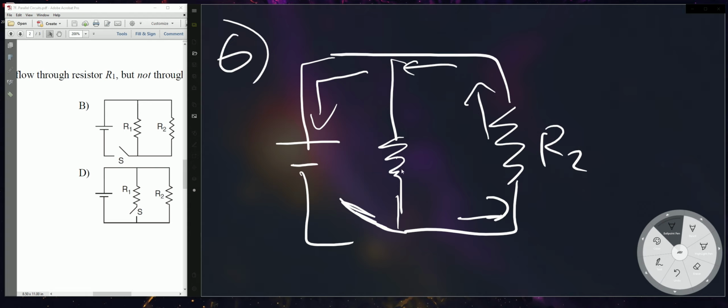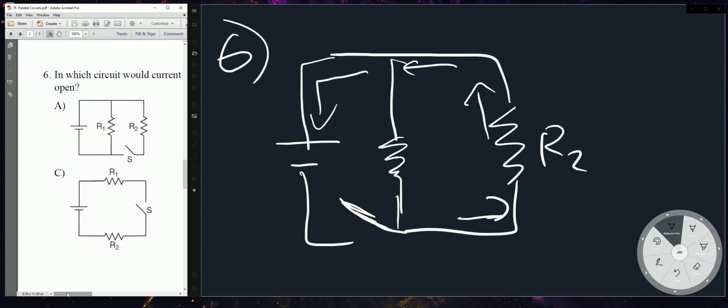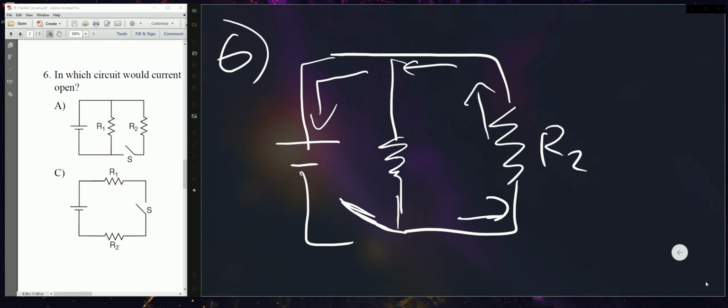It can't go through R1, it can't go through R2, so it can't go through the circuit at all. So there's no electric current in choice B. Choice C is the same exact thing. Choice C is a series circuit, and since the circuit is broken in the middle, no electric current is running at all. And so that only leaves us with choice A, right?